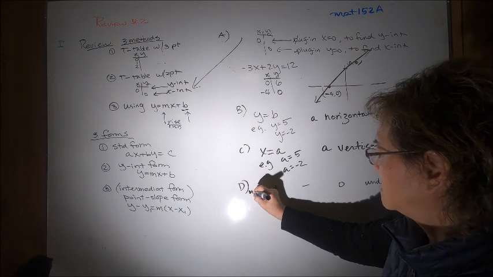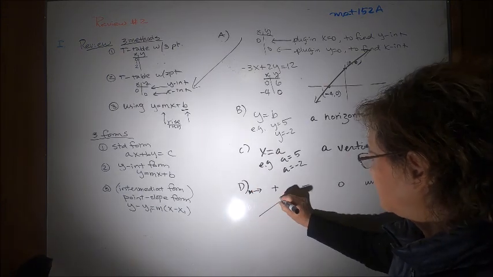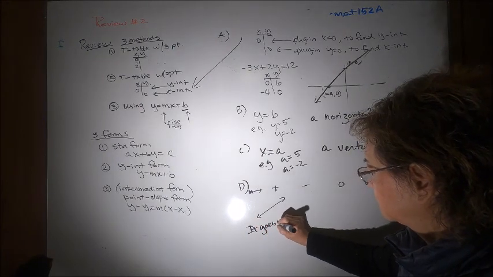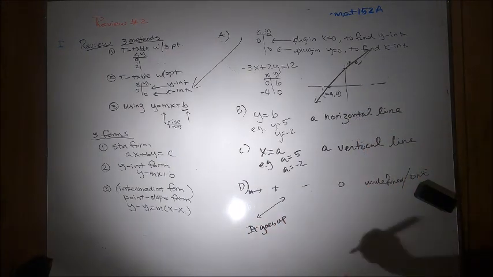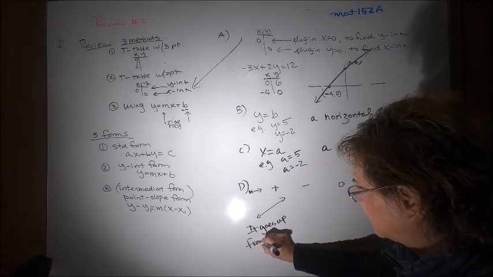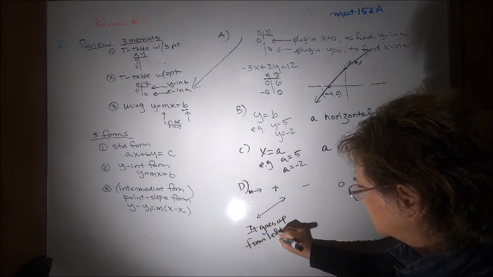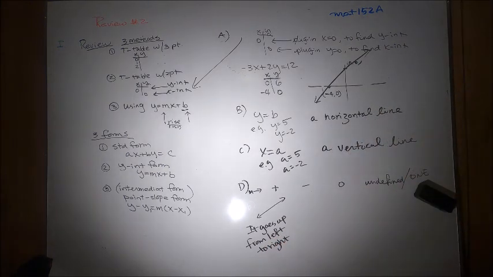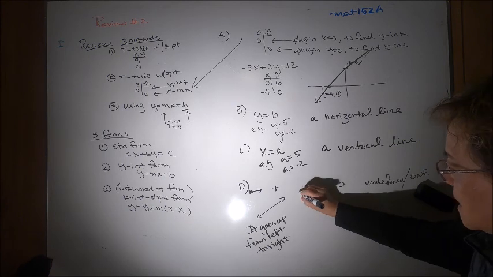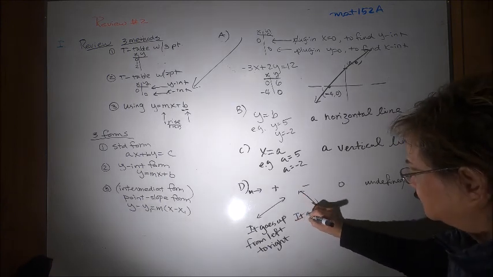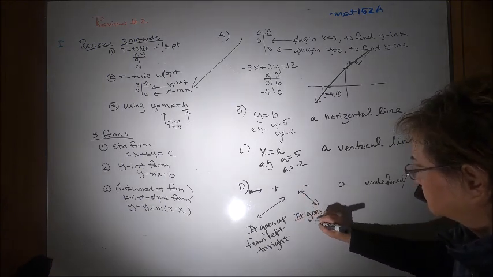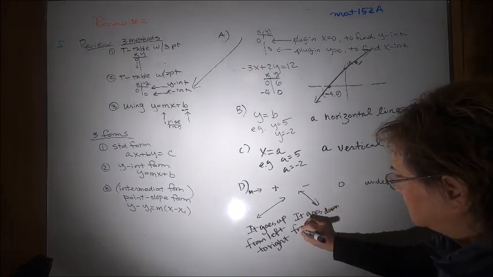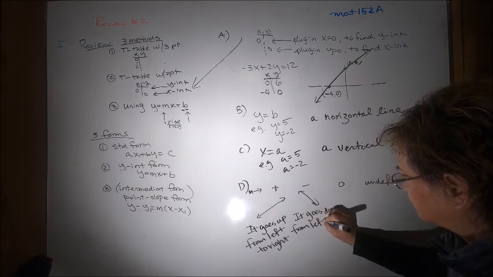If the slope is positive, it means what? It goes up from left to right, right? If negative, it means what? It goes down from left to right.